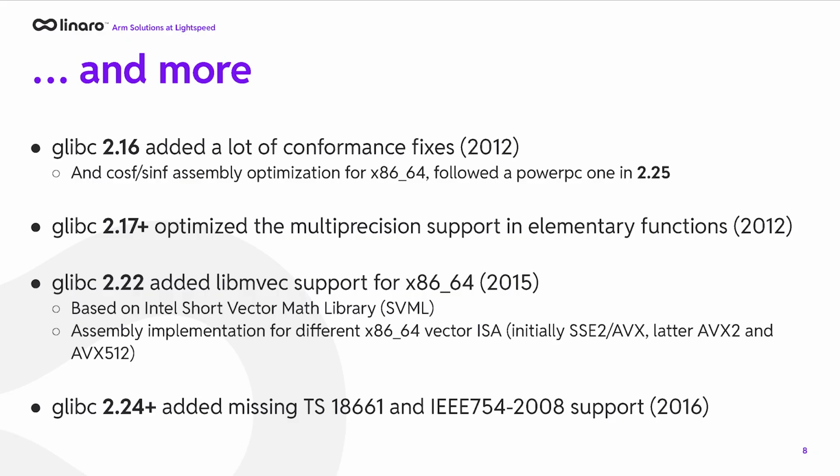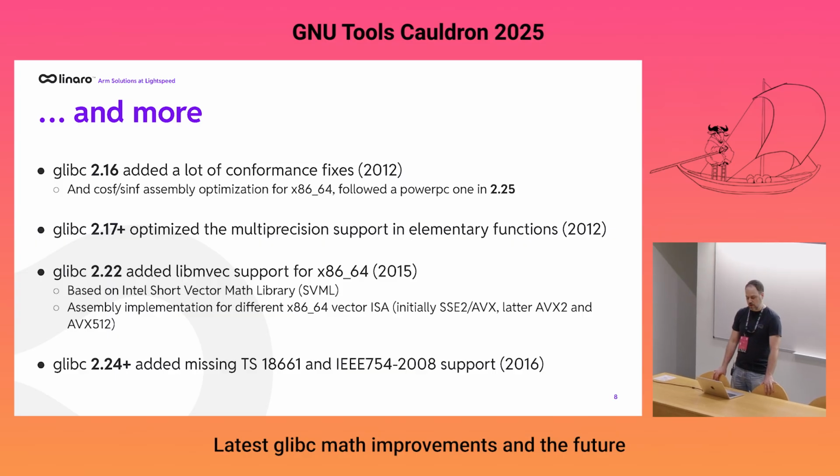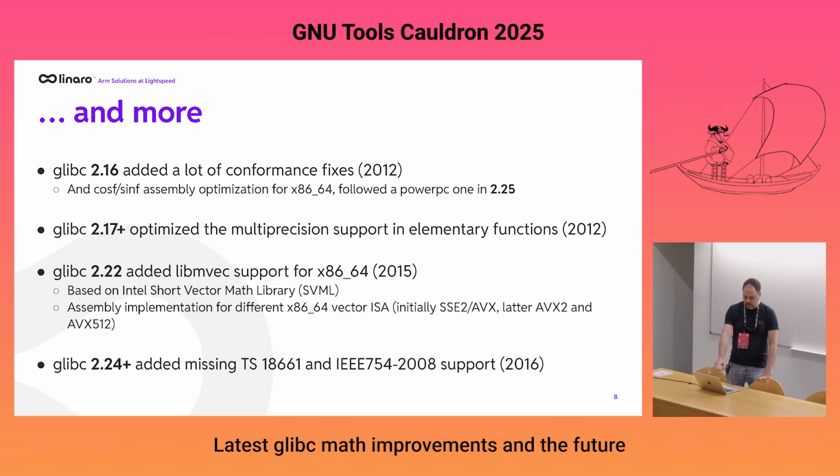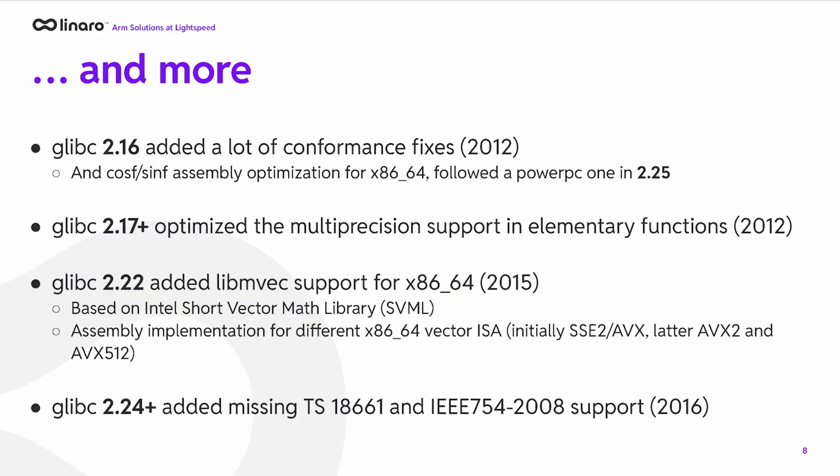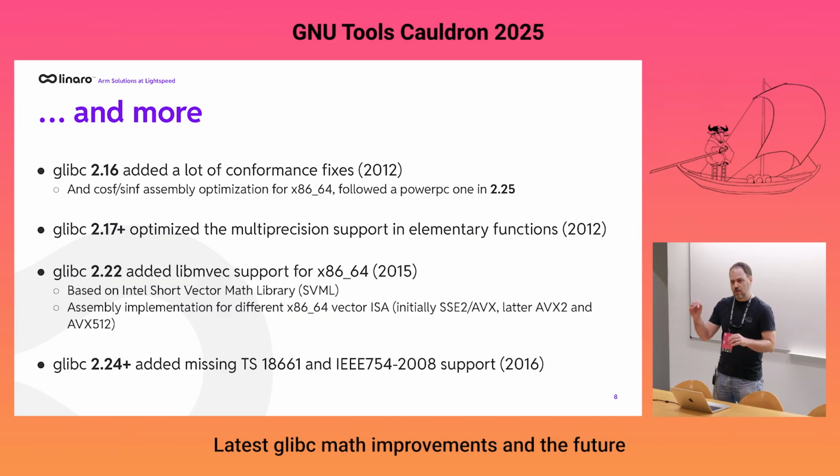So we have on 2.16 a lot of conformance-ish fixes from Joseph. And there are some trigonometric assembly functions for x86. This is a bit important because this is a trend that started on this release, where some architectures decided, instead of providing a better algorithm for the generic implementation, to tune using assembly only for one architecture, because let's be clever, we don't want to move to the generic implementation, let's just focus on a very specific architecture.